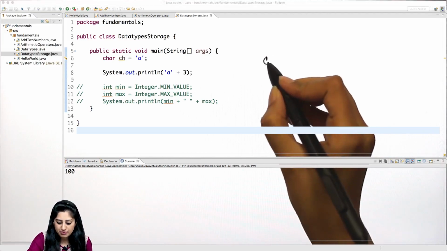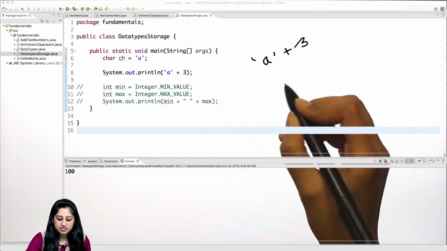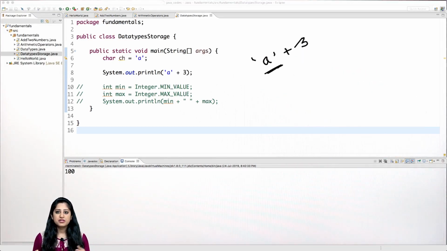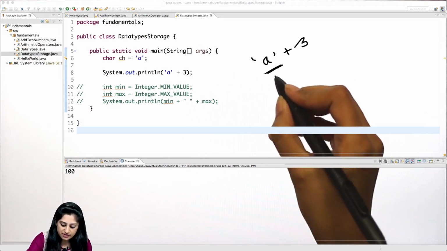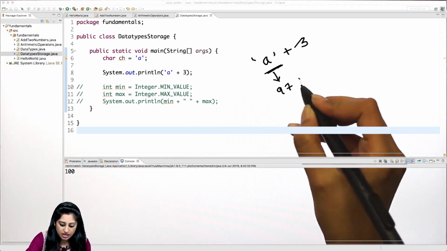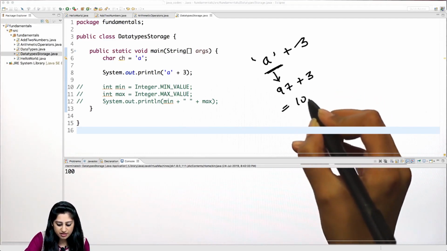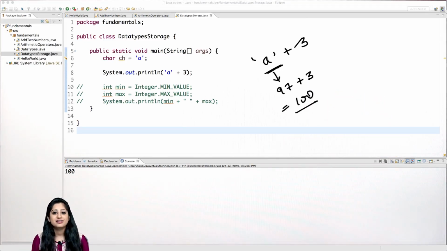In a very simple manner, when you are writing something like this, the system knows that when you are trying to add a character, it has to deal with its ASCII value. So whenever you are dealing with characters, deep down the system is dealing with the ASCII value. The ASCII value for A is 97. 97 plus 3 is going to be 100, which is what you are seeing on screen as well.